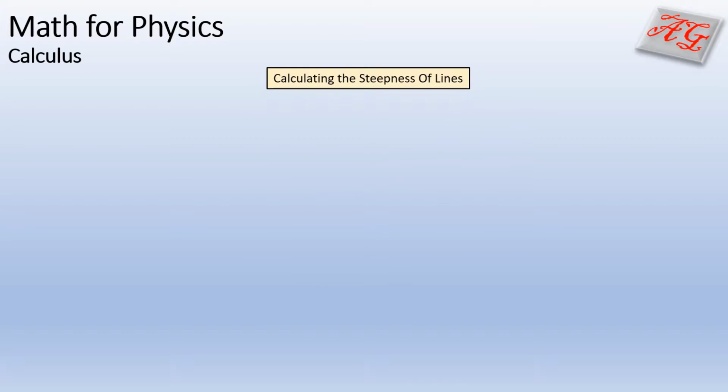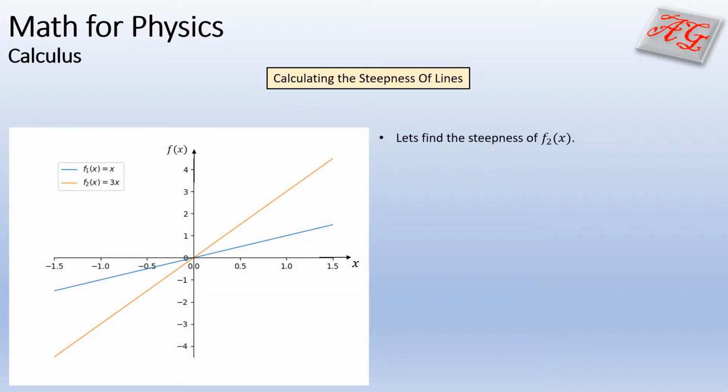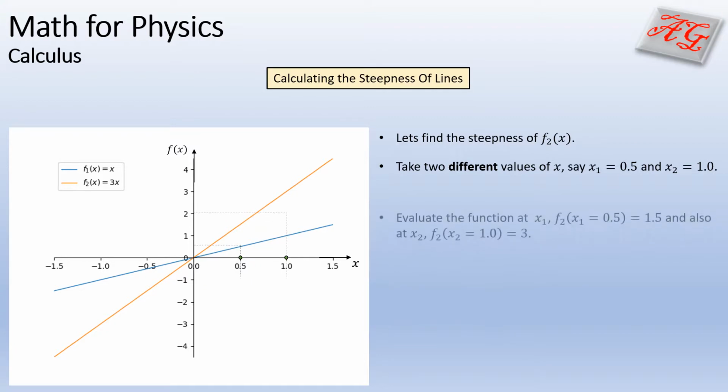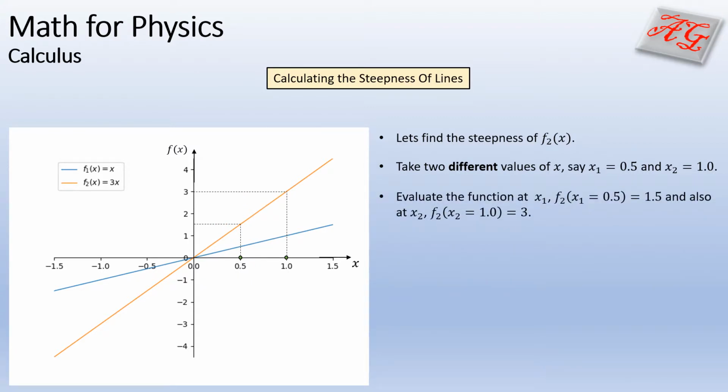Let's take a look at how to calculate the steepness of a line. For this, we will use f2(x) = 3x. The procedure step by step is to take two different values of x, say x1 equals 0.5 and x2 equals 1.0. Evaluate the function at x1 where f2(x1) is 1.5 and at x2, f2(x2) is 3.